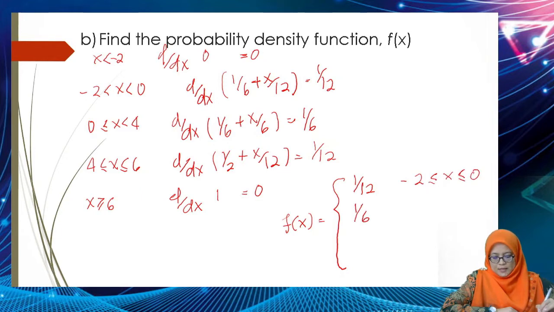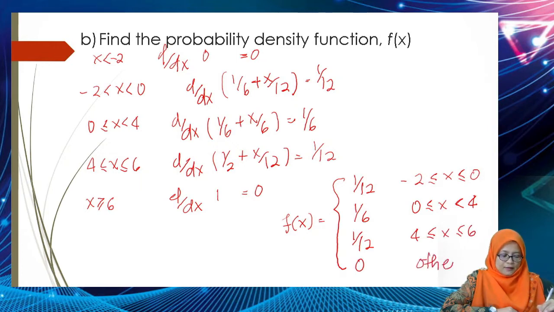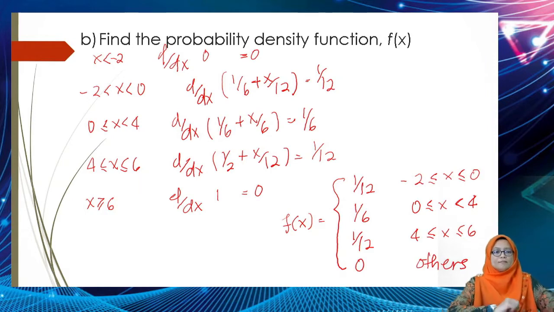So 1/6 for interval 0 until 4. So 1/12 for interval 4 until 6. So last one is 0. So mesti last kali ni 0 for other interval. So dia mesti habis dengan 0. So that is your probability distribution ataupun probability density function.